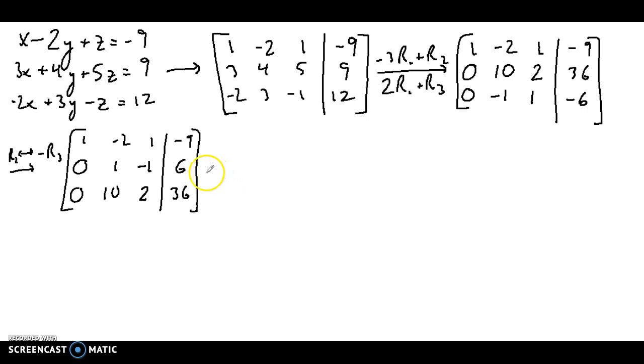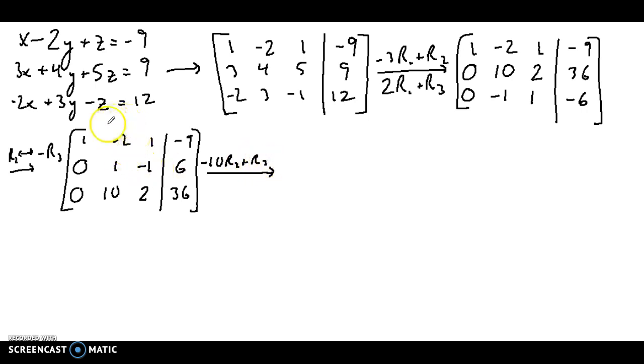And now, since I'm doing Gauss-Jordan elimination, trying to get zeros everywhere, a diagonal matrix, not only do I want this to be a 0, but it would be nice to make this a 0 in this step. So, in order to make this one a 0, I'm going to take -10 times row 2 plus row 3.